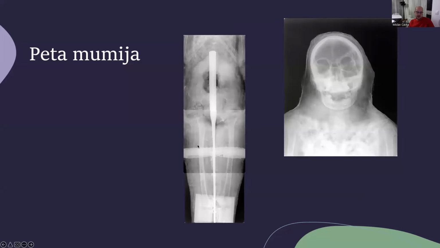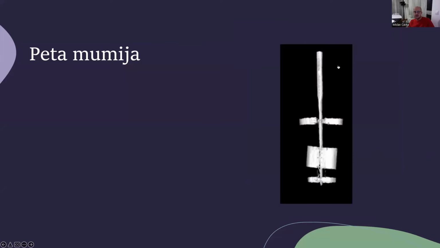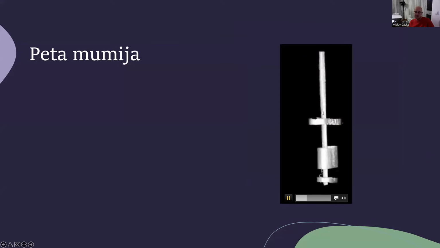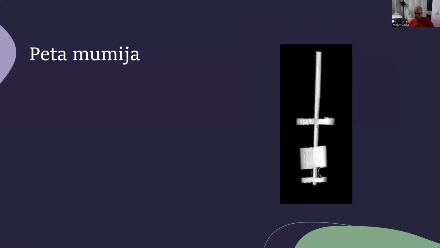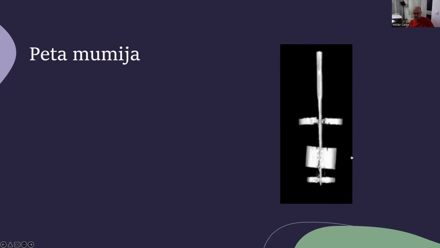We can observe this interesting metal artifact, which is almost a meter long, and it serves as a reinforcement of the stature of the mummy. Even on X-ray, we can see that something is inside the head, and this is the VRT, volume rendering technique, reconstruction of this metal bar and metal bands.